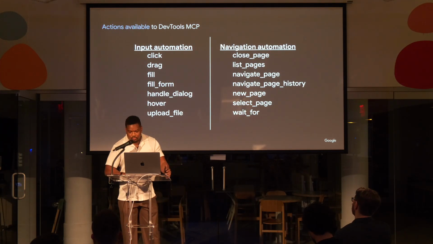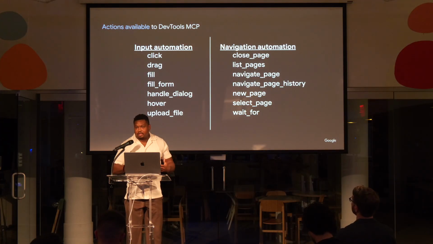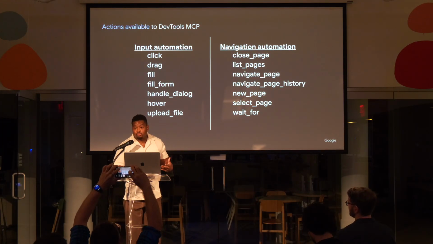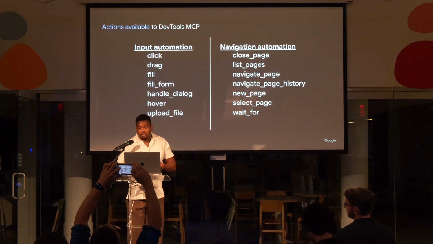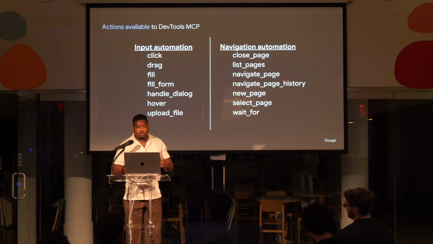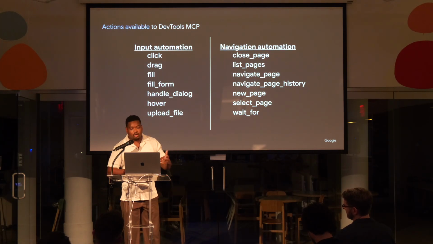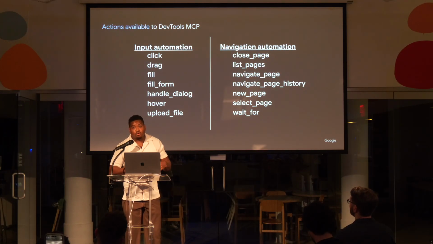And so there's a bunch of different things that the MCP server is able to emulate for you. First, there are all these different aspects of what you would actually do in the browser, from clicking to going to a page, waiting for something to finish rendering, or potentially even resolving a promise.